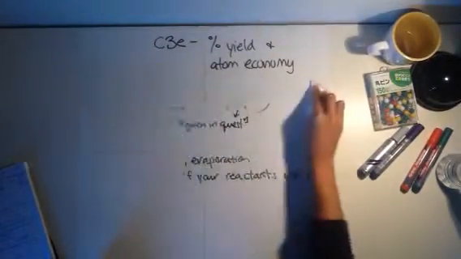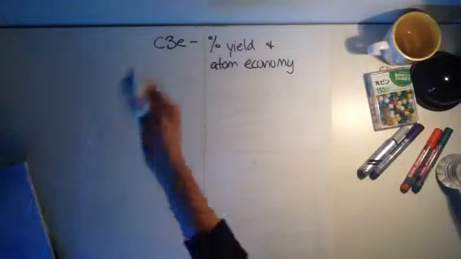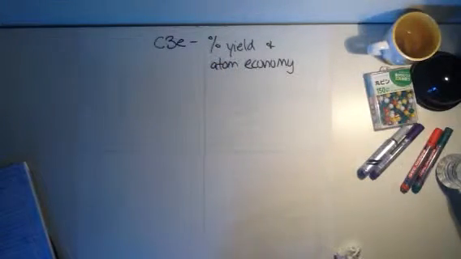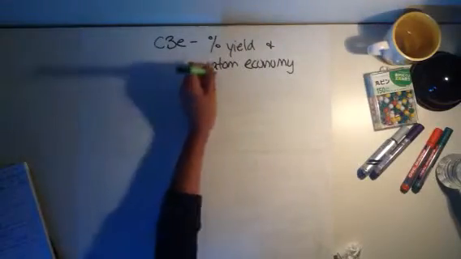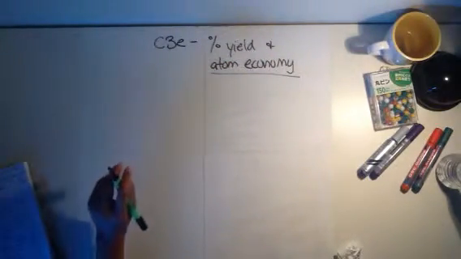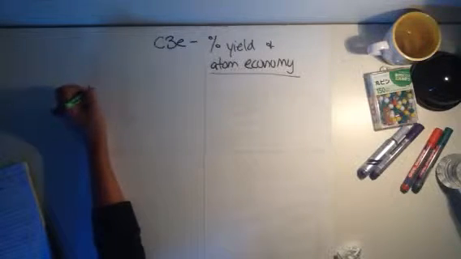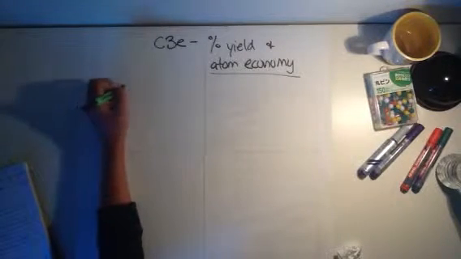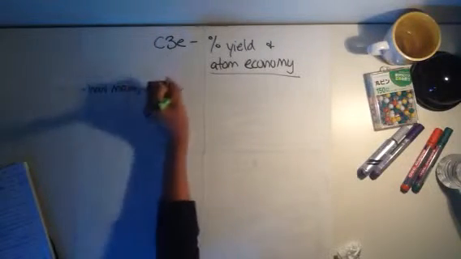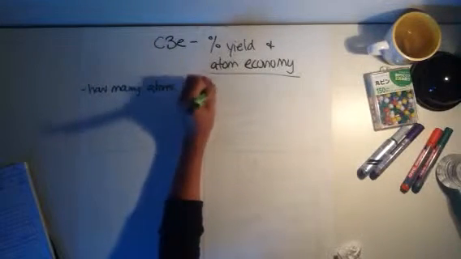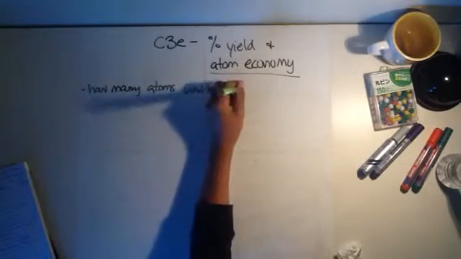and do atom economy, which is going to take a little bit longer to explain, but again, still fairly straightforward. When you're looking at atom economy, again, you're also looking at the products. So with the atom economy, you're looking at how many atoms have been wasted when you're trying to make your chemical.